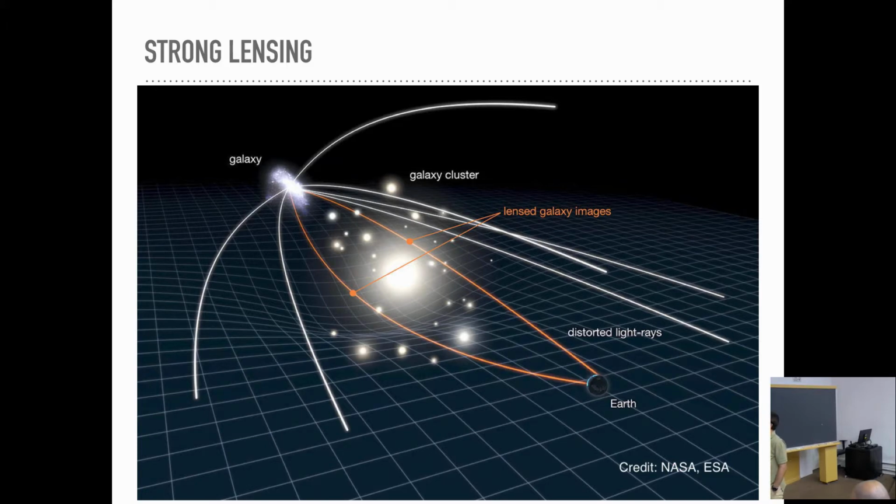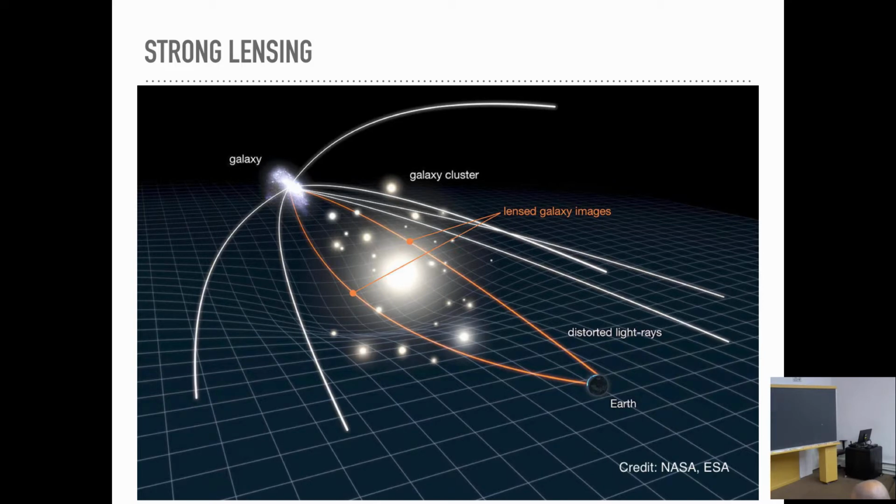Whenever there is this kind of alignment, if the mass of the lens is big enough, then we might have different light paths available for photons coming from the source reaching the observer.